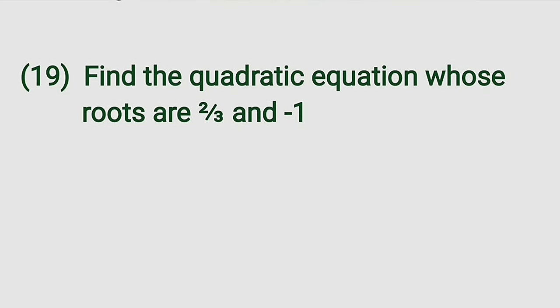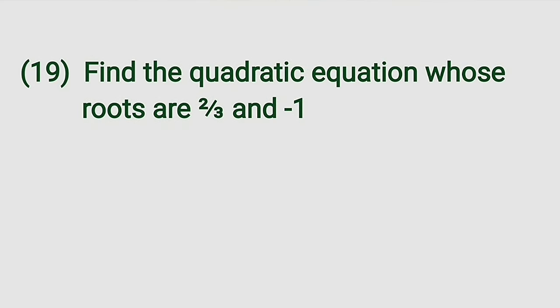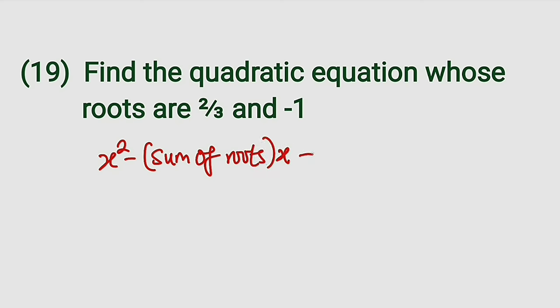Question number 19, we're asked to find the quadratic equation whose roots are 2 over 3 and negative 1. Remember, we have a shortcut for that. The formula is x squared minus the sum of these roots, then multiplied by x, then plus the product of roots, right?